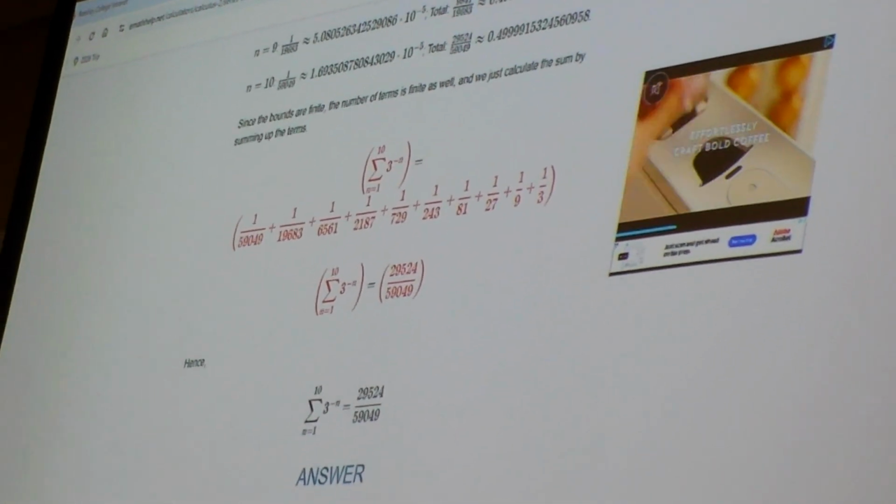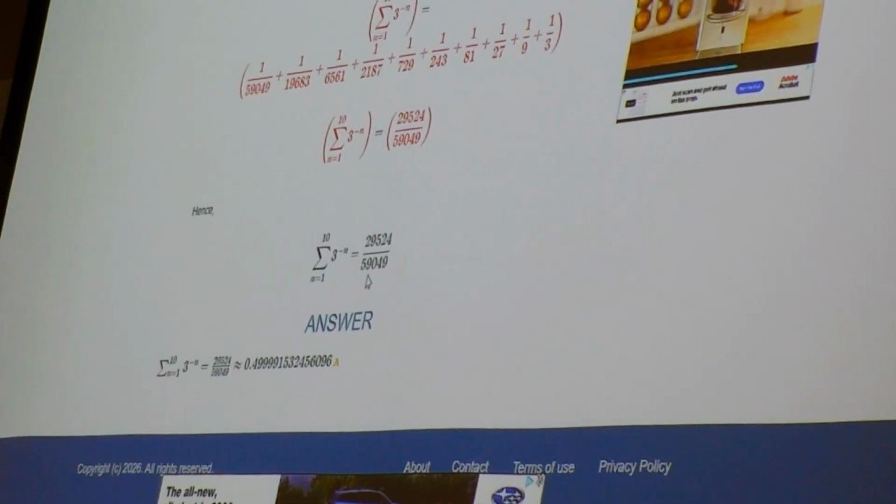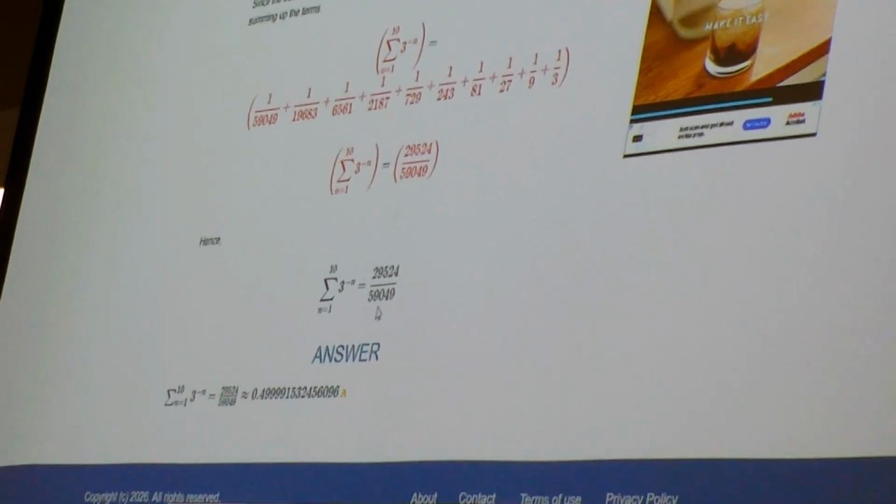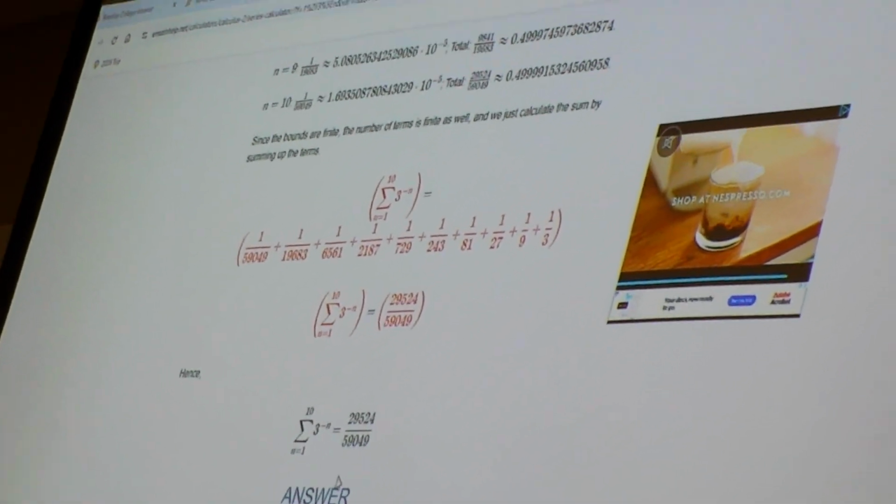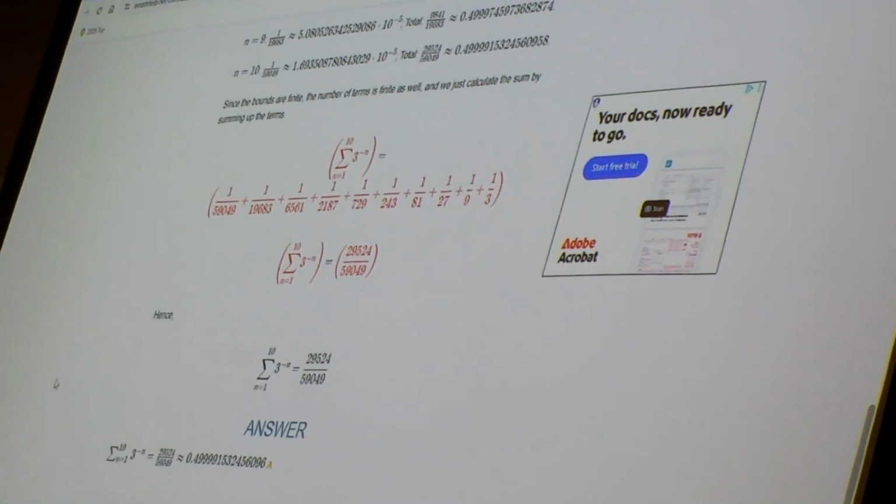There it is. That's what you would have got if you got a common denominator. Your common denominator would have been 59,049. Not a fun thing to find, is it? And if you had done decimal form, you would have had to make sure you don't make any mistakes and get that into your calculator.